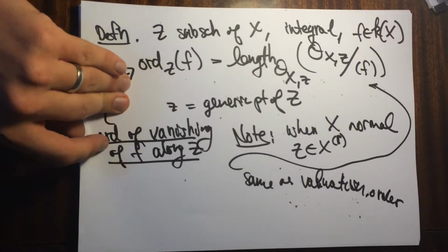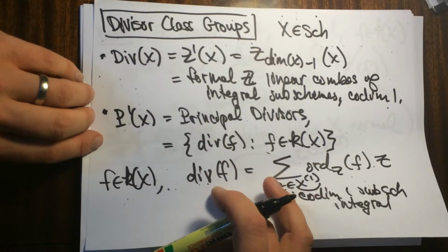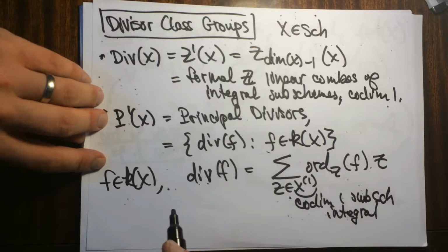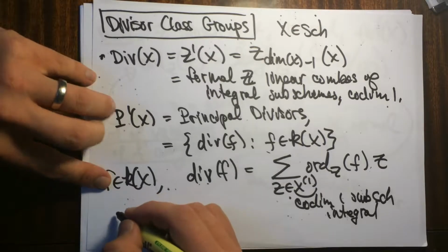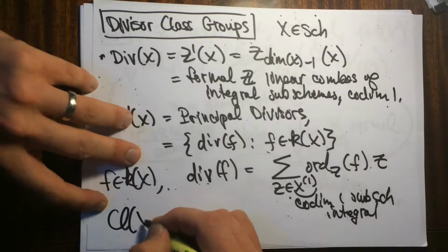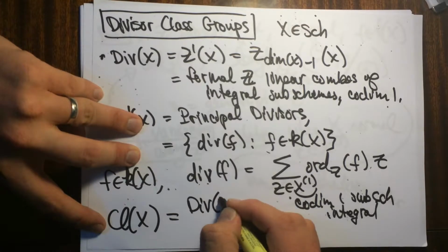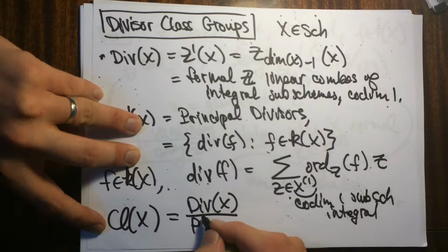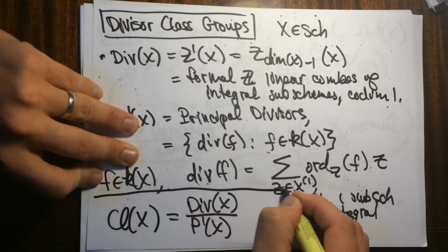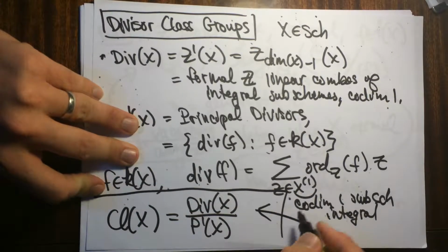Okay, so that allows us to define this, and so we have the divisors now. So then we can define the divisor class group of X to be equal to Div X modulo P1 of X. Okay, so this is the divisor class group.